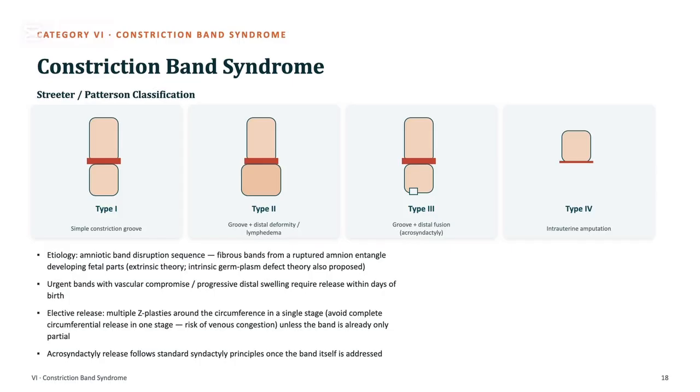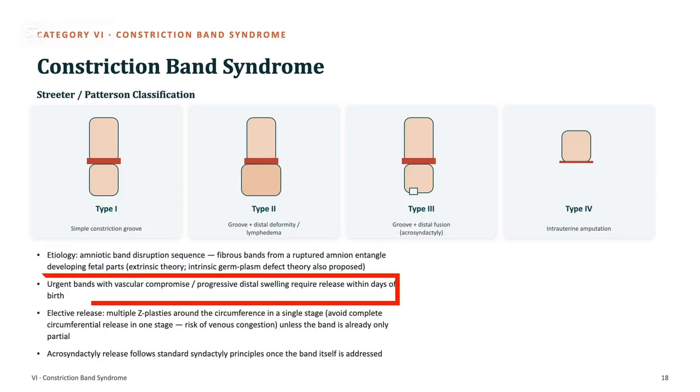Okay, there are 2 very important things to know about constriction band. The first is if the band causes edema and too much pressure, you must release it even in the neonatal period.